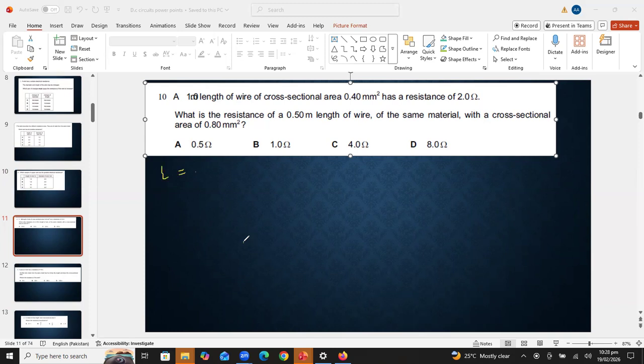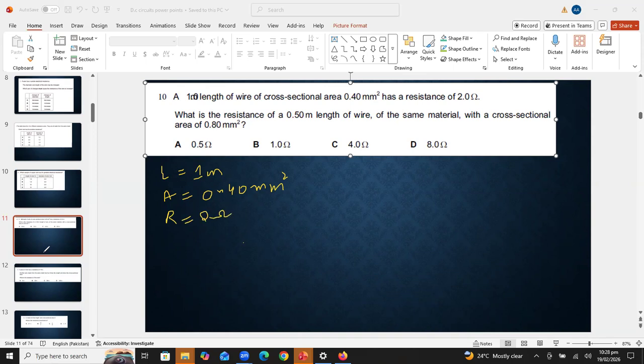Length of wire is 1 meter and area is 0.40 millimeter square. In this type of question, we don't need to convert the area from millimeter square to meter square, because when we solve it, it will cancel. So we will solve it like this. And this wire's resistance is 2 ohm.